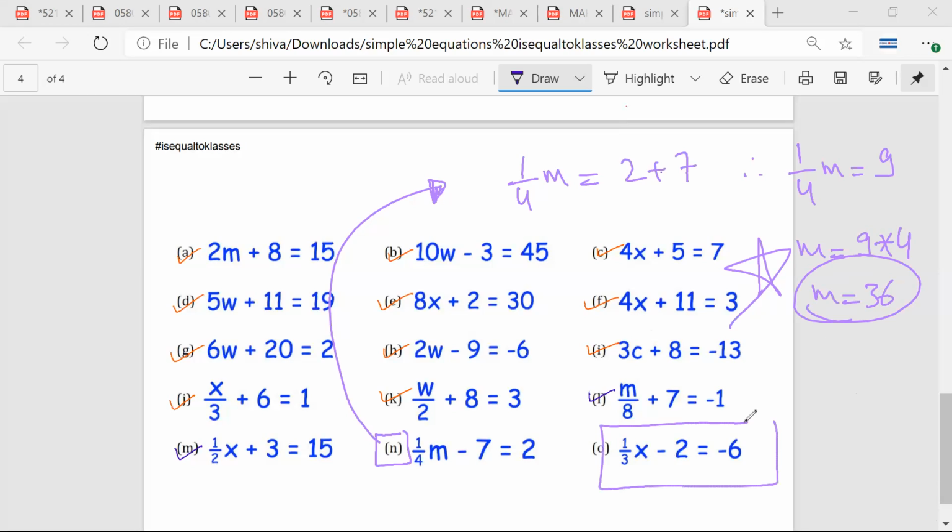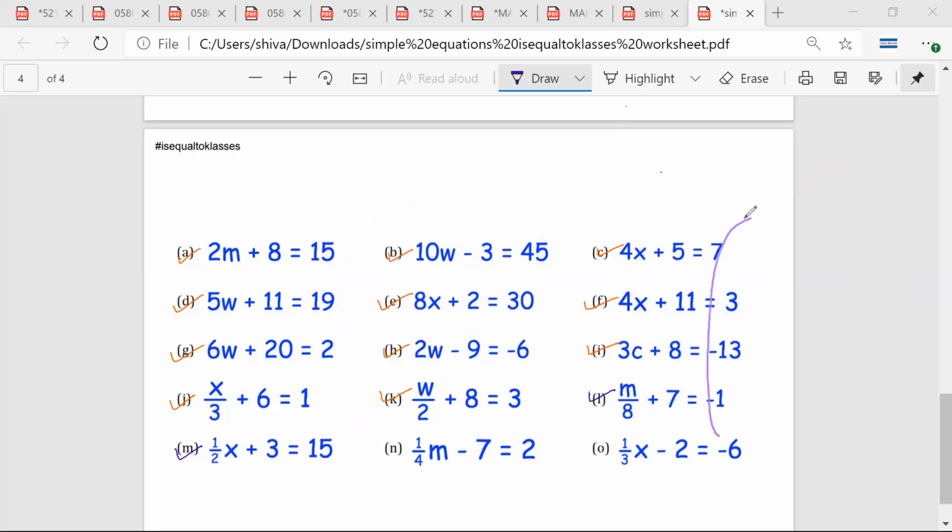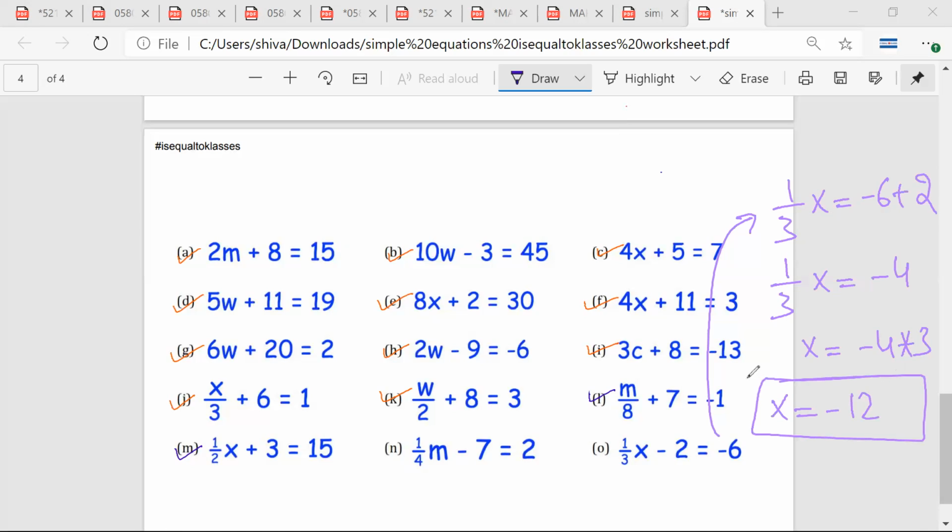Mr. Satya, what about this? What should I do here? 1 upon 3x equals minus 6 plus 2. Okay. After this? And then minus 4 into 3 equals minus 12. So the answer is minus 12. Mr. Sarthak, any doubt? No, sir.